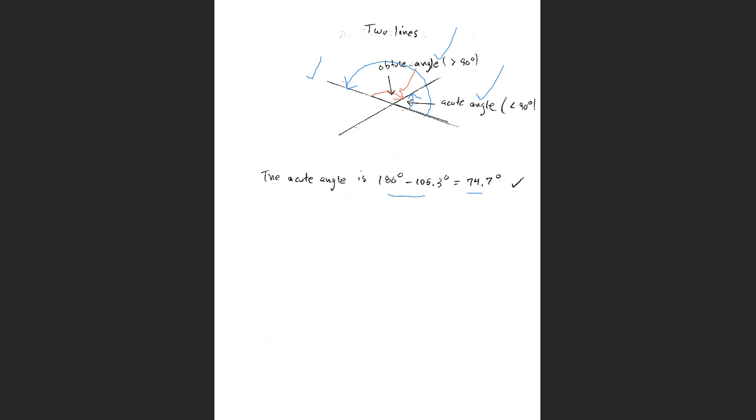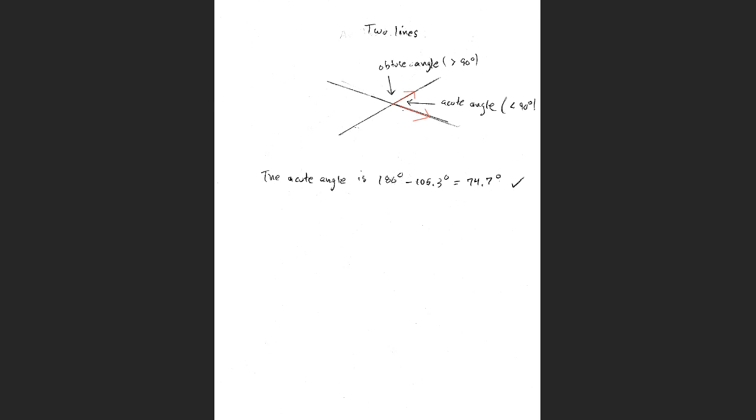Depending on what your two vectors are, you might end up with the acute angle right away. So, for instance, in the picture here, if your two vectors were this vector and this vector, you get the acute angle.